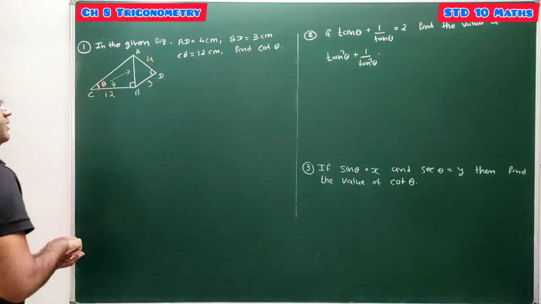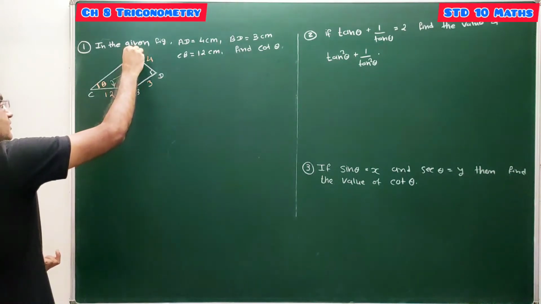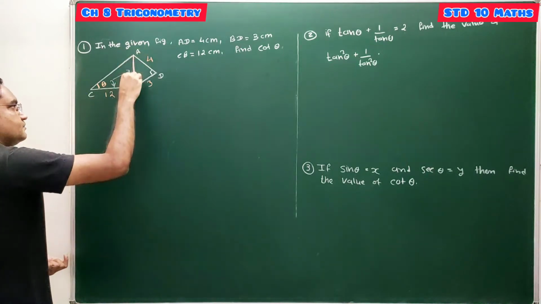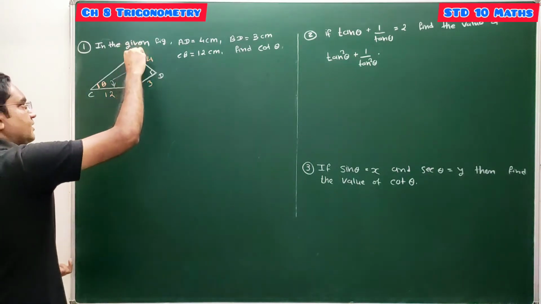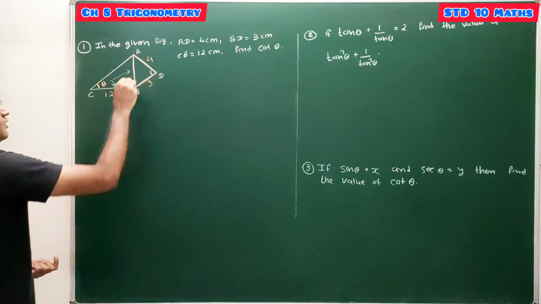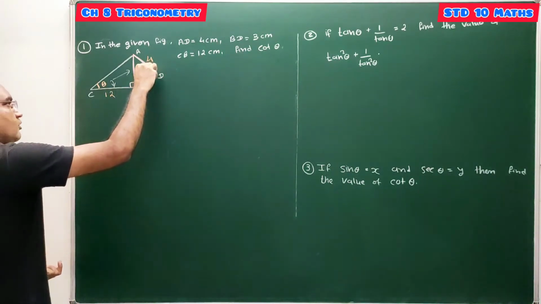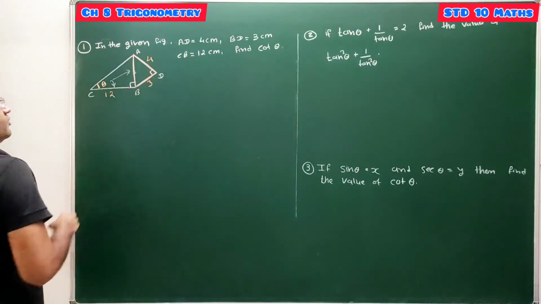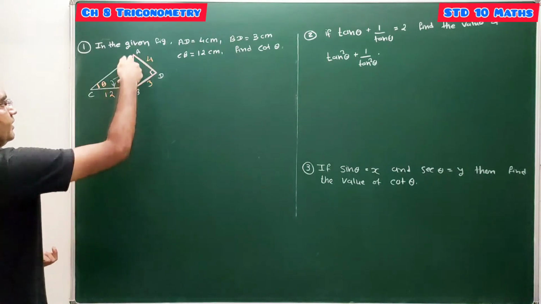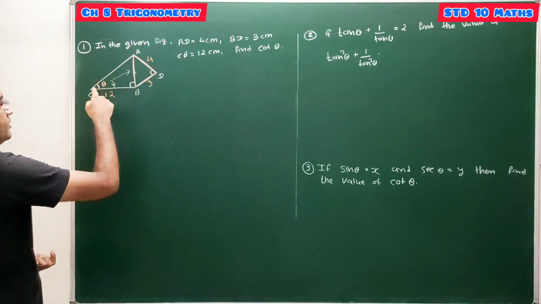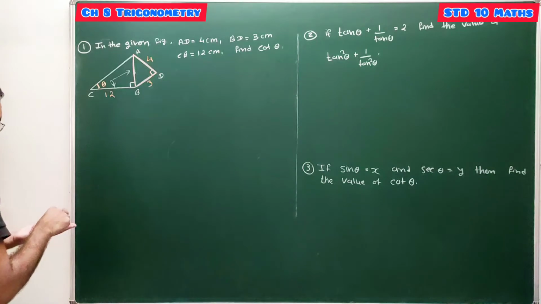To find this AB, we can say that AB is nothing but the hypotenuse for this right angle triangle ADB. So by applying Pythagoras theorem, we can find the hypotenuse of this right angle triangle ABD, and this hypotenuse is nothing but the opposite side for this angle theta.